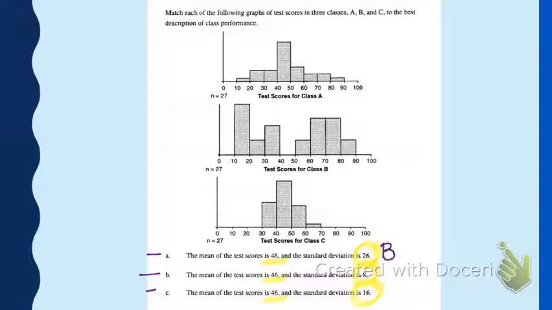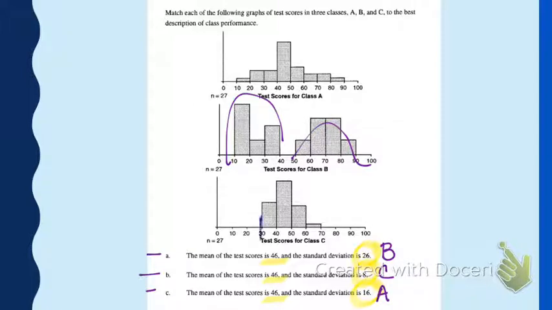B, because it has the higher frequencies on the side, short in the middle. So if it has 2 high frequencies on the side and not much in the middle, that's going to be the biggest. Which one has the smallest? C. And 8 is the smallest, so that would mean that 16 would be in the middle. That would be A.